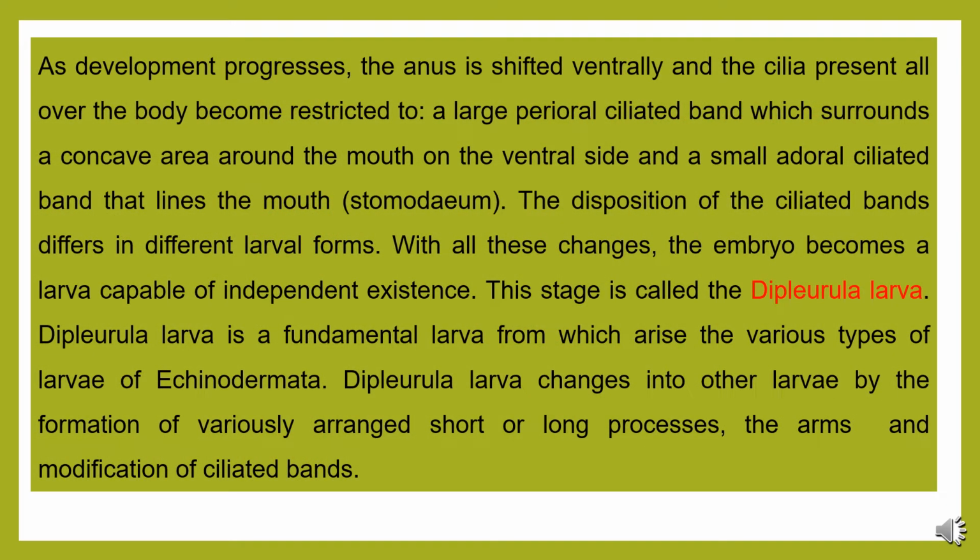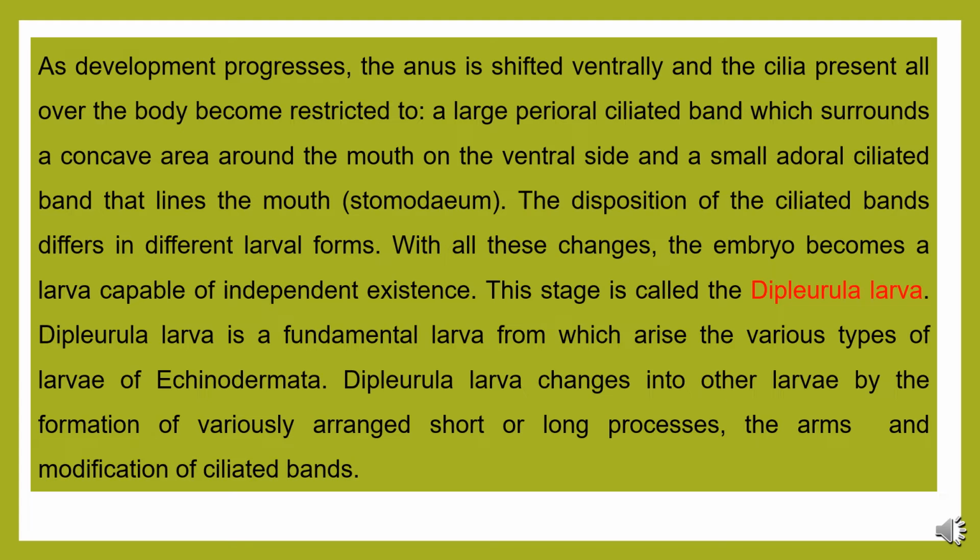As development progresses, the anus is shifted ventrally and the cilia present all over the body become restricted to a large perioral ciliated band, which surrounds a concave area around the mouth on the ventral side, and a small adoral ciliated band that lines the mouth, the stomodeum.